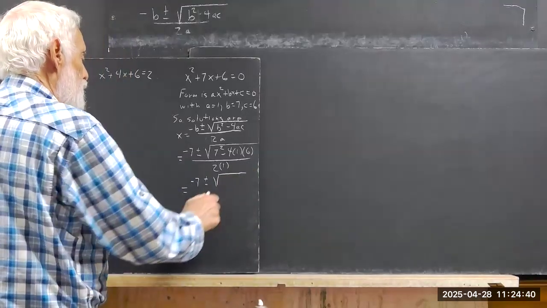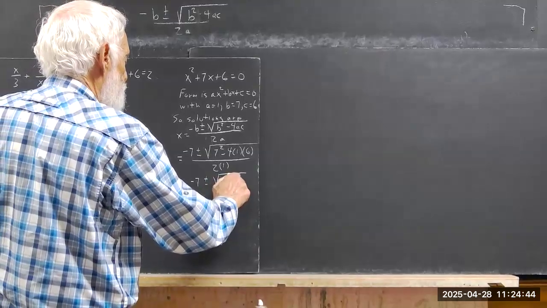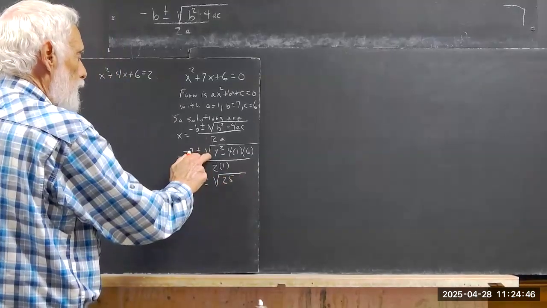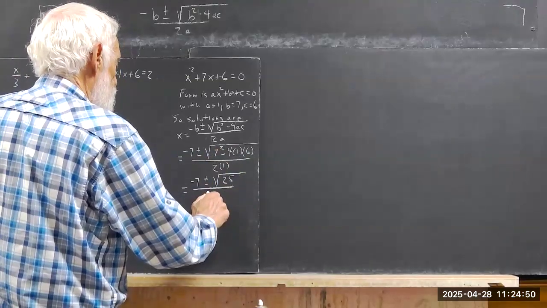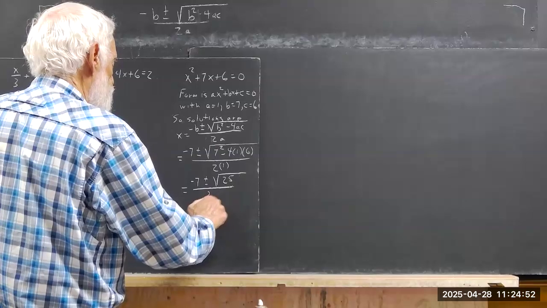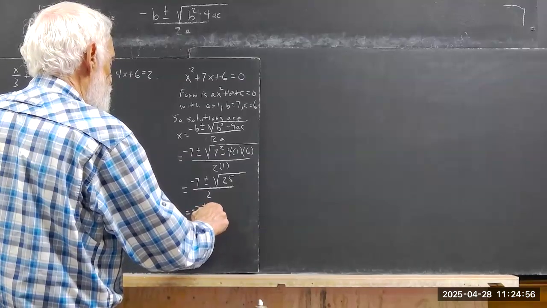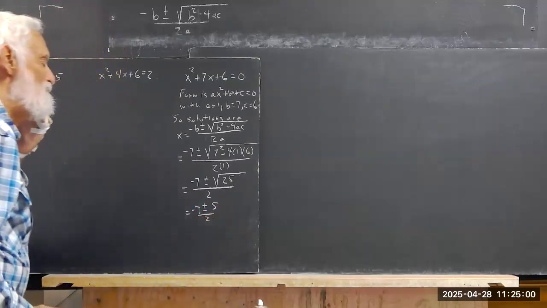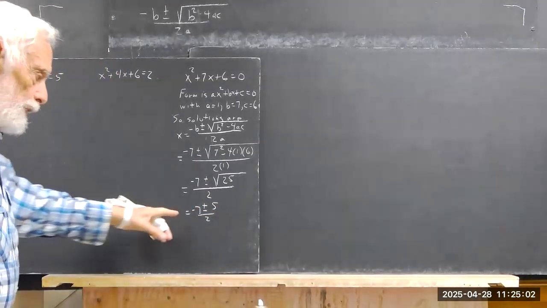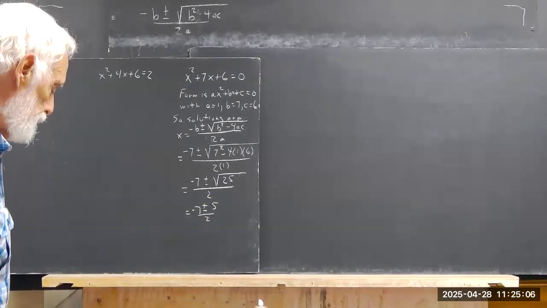So this is going to be square root of 25, 49 minus 24. I'm not going to write out that step of arithmetic. So you get negative 7 plus or minus 5 divided by 2.